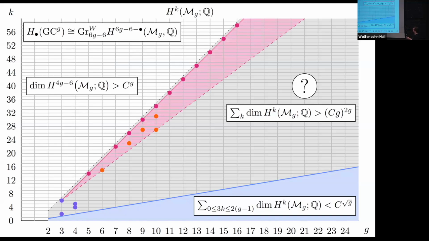And now we can map this picture from before into this picture, so we can combine both pictures, and we see that this pink wedge is flipped upside down, and it lands at the top of the picture. And this red line with the dotted beads is actually the topmost cohomology that is allowed to be non-zero. And there's exponentially much cohomology living here.